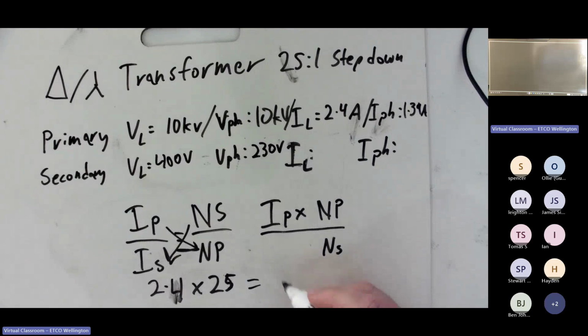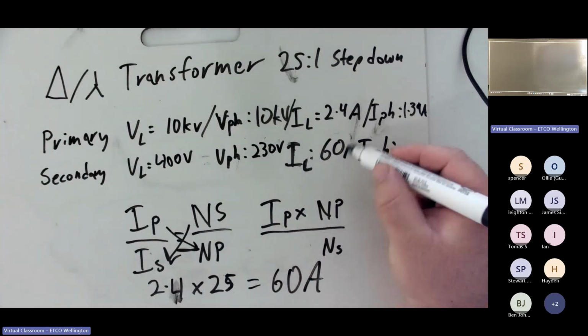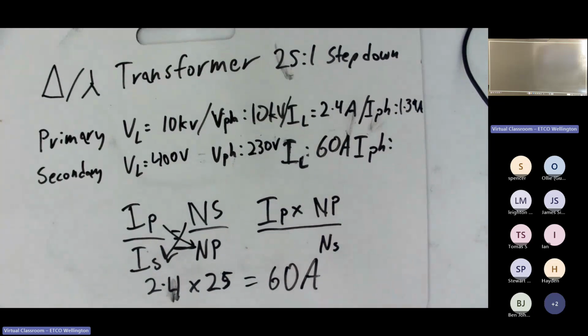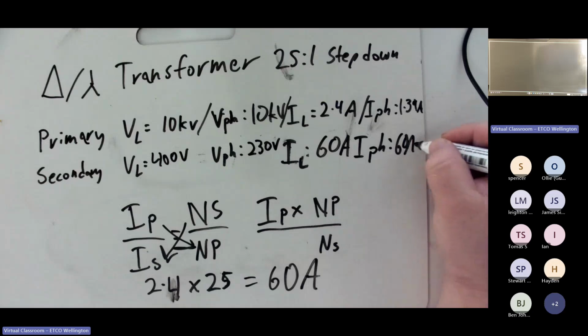Yeah, gives us 60 amps. And what's our I phase? We don't need to do any calculations for our I phase, do we? Because we know in a star configuration, it is 60 amps because it's the same. That makes it look like I drew a 69. I did not draw a 69.